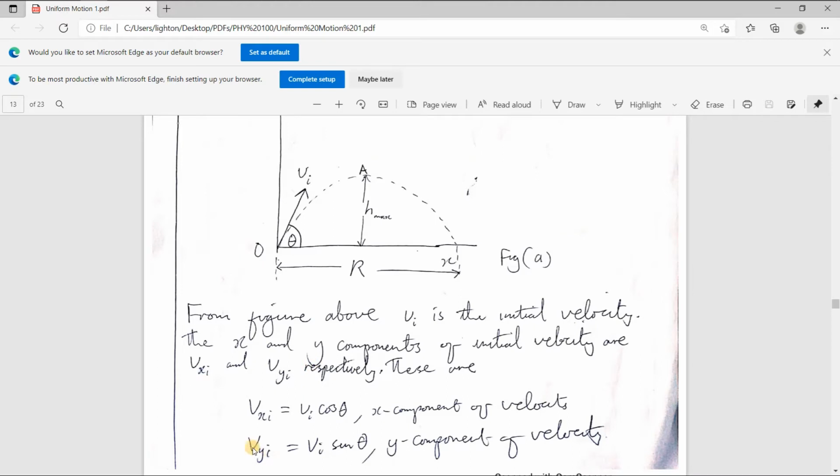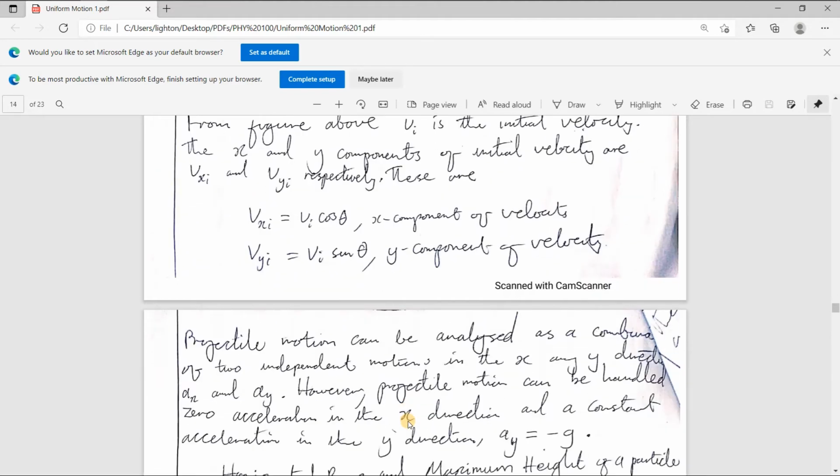That is the y component: Vyi is equal to Vi sin theta.